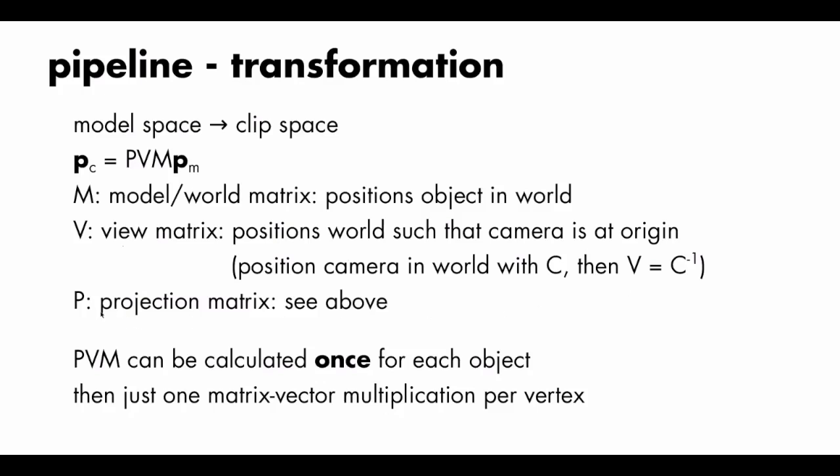Then we have the projection matrix, which we've already talked about. Of course you can combine these 3 transformations by multiplying the matrices, and then you have just one matrix-vector multiplication per vertex, if you want to be efficient.